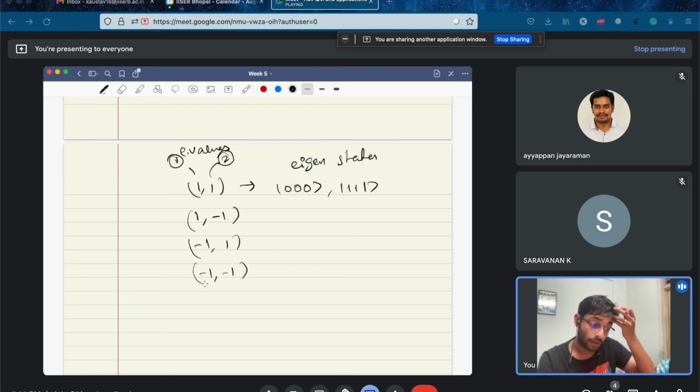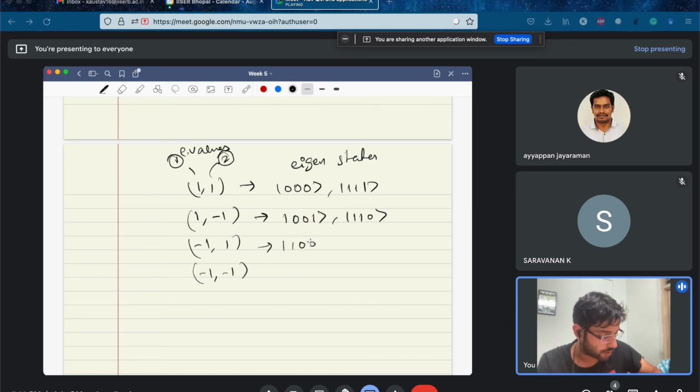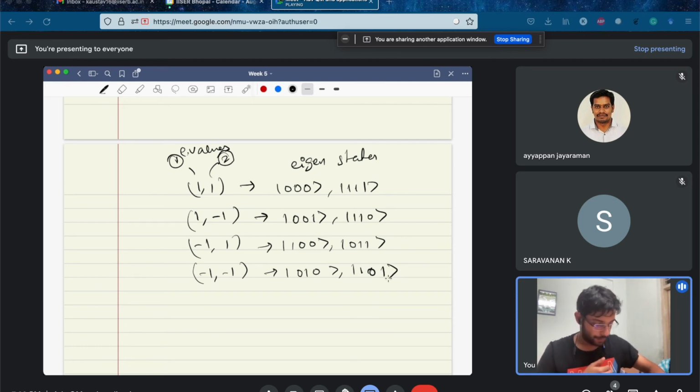When you try to find the eigenvalues for these operators, you are going to find doubly degenerate eigenvalues. And the corresponding eigenstates are 0, 0, 0, 1, 1, 1. If you want, you can do the calculations.